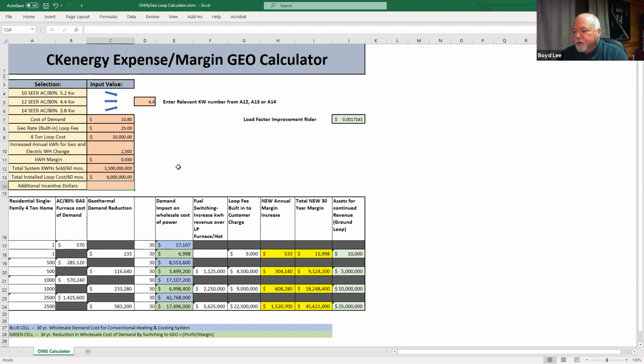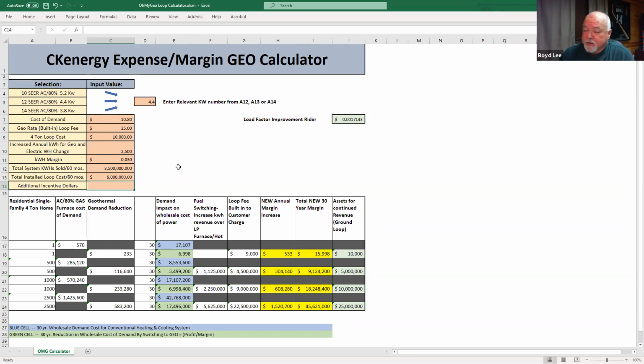Since what we're doing at certain homes impacts the entire customer base of the cooperative, and it positively impacts them by reducing wholesale cost of power, why isn't it also fair for everyone to purchase the asset by which they save money? And so that's how we justified it, and we put together a rider, and that is why we're talking about how many kilowatt hours we sell over 60 months.